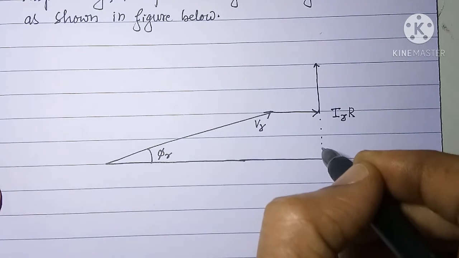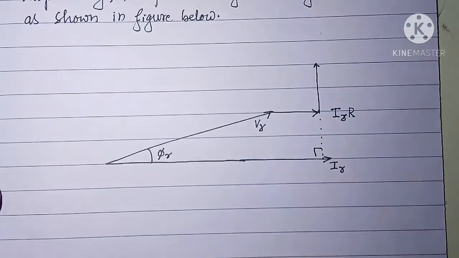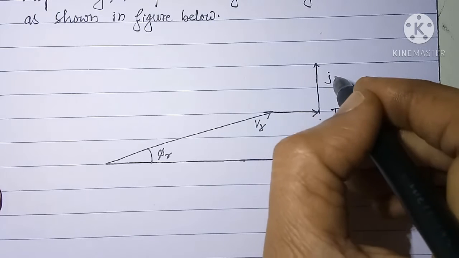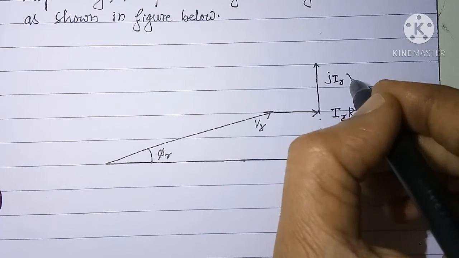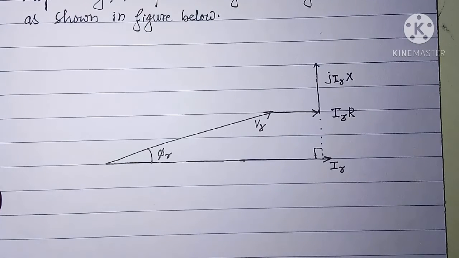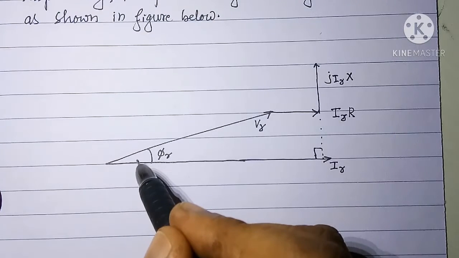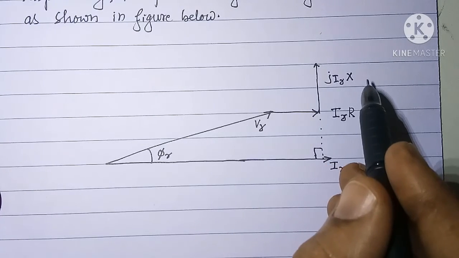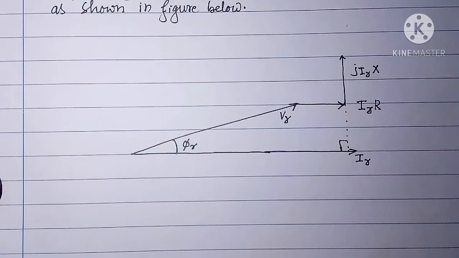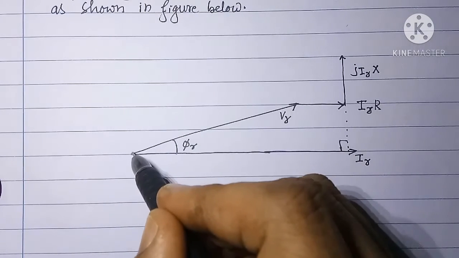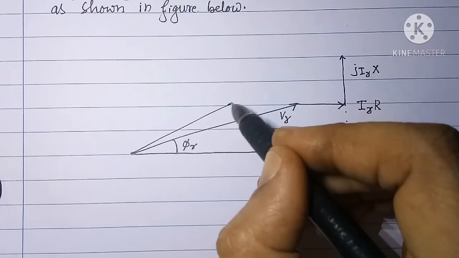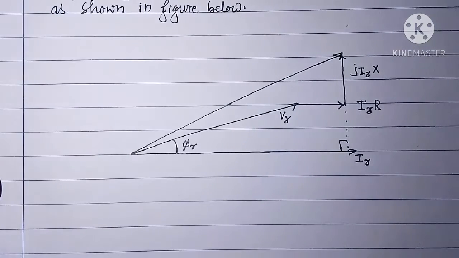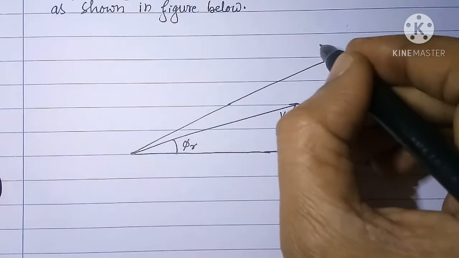So at 90 degree to IR, we can now show jIR into X. If we add VR, IR into R and jIR into X, we get what? We get Vs. So this should be now Vs.